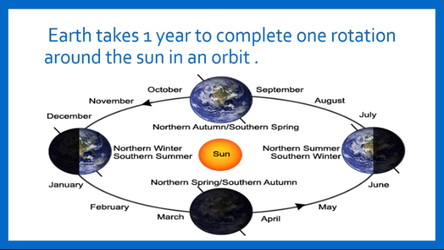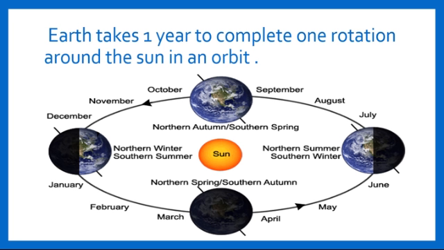Okay, so look at this. First, look at the orbit. The arrow of the orbit. Okay, that is October. See the October. Where is the position of the earth in October? October, November, December.